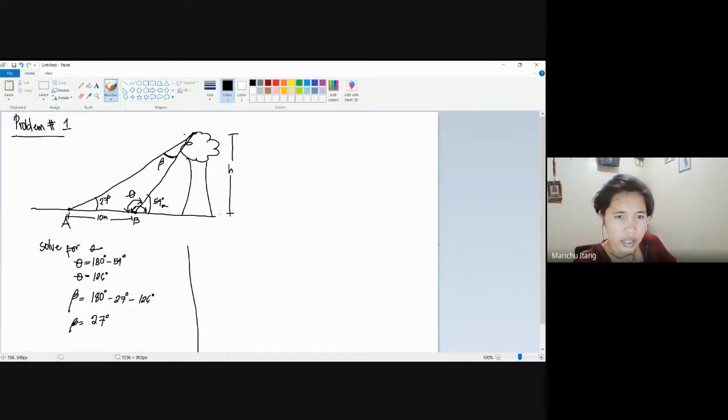So let's say this is h. So how are we going to determine the value of h? So we need two sides, right? But we don't have two sides, we have only three angles.